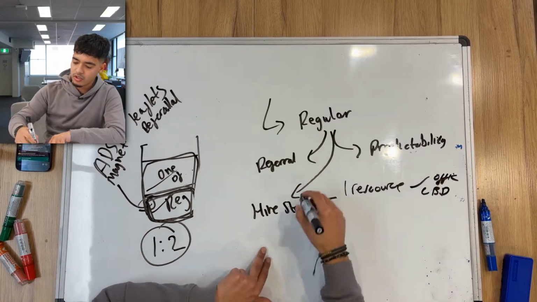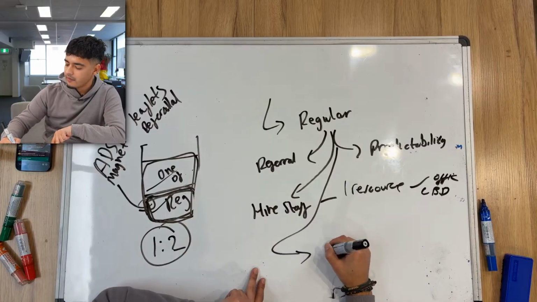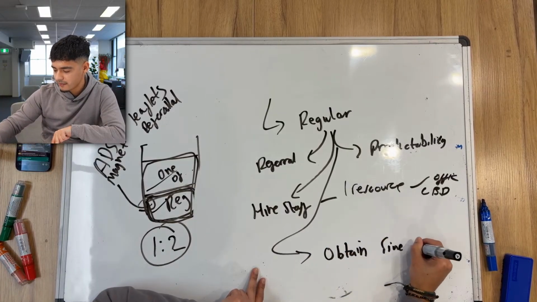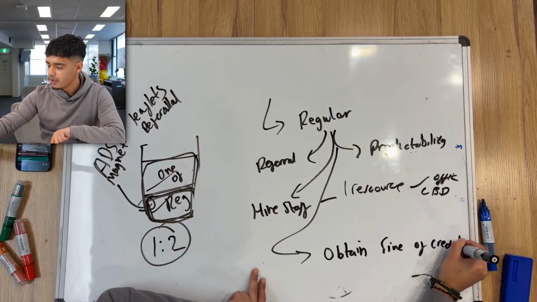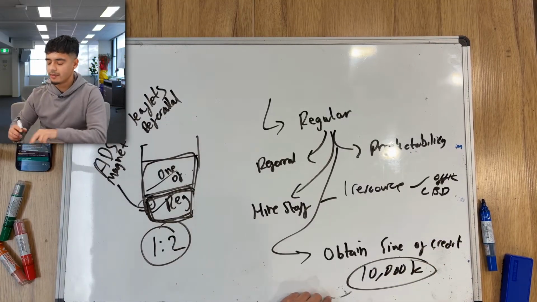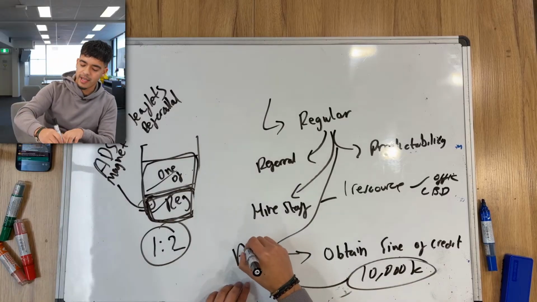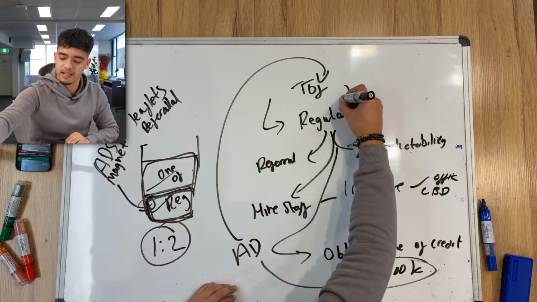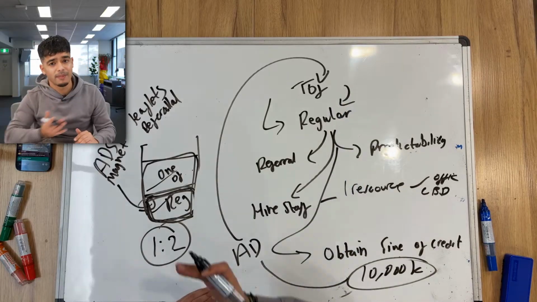What you can also do once you have regular clients is obtain lines of credit, which can allow you, let's say you have a line of credit of 10K additional, which you didn't previously have. You can now use that to implement into your ads, which goes to your top of the funnel, which now goes and gets you these more regular clients, and then you spin it back and you keep doing it again and again.